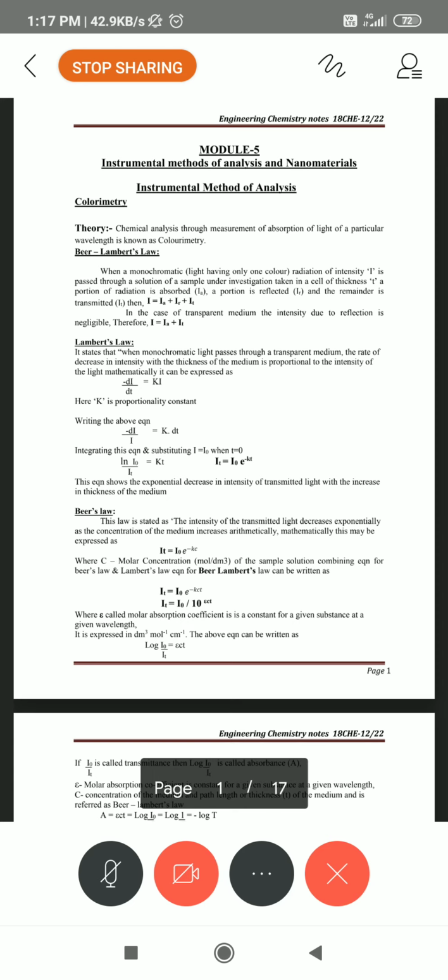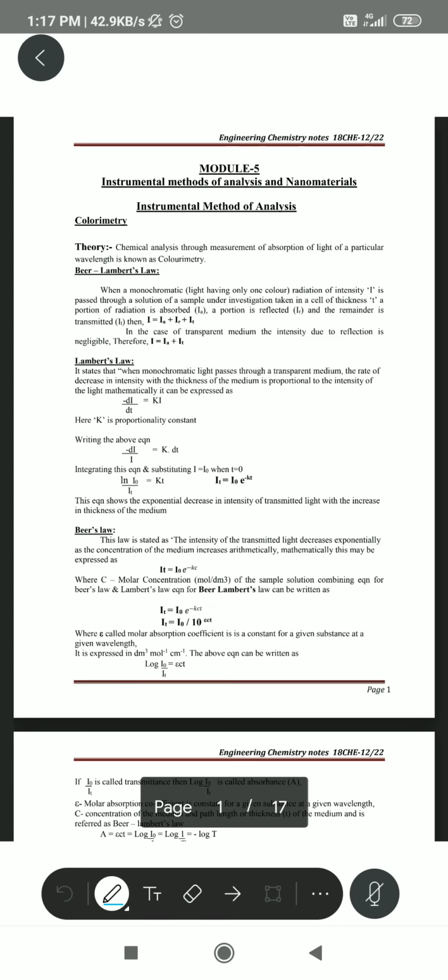In quantitative analysis, suppose you have prepared the solution, and you forgot how much salt was weighed, or even after weighing you did not note it down properly.